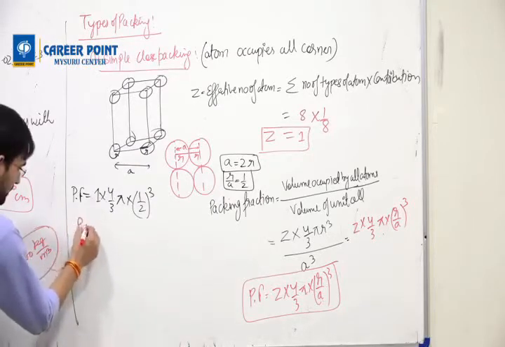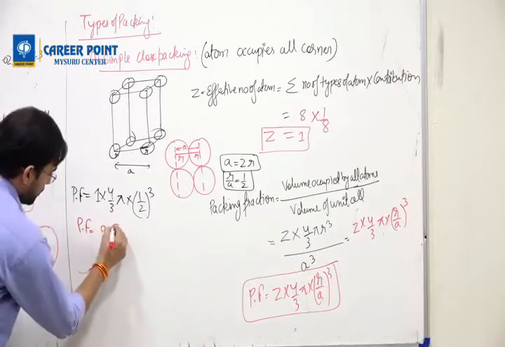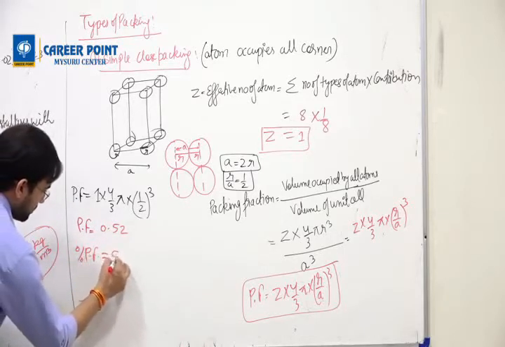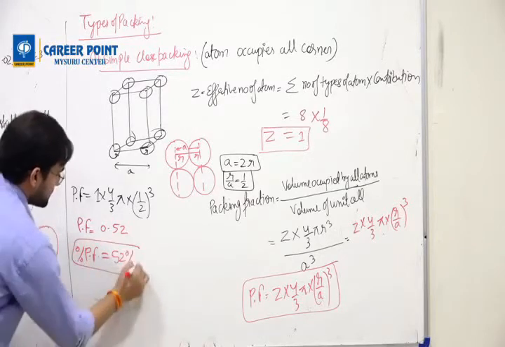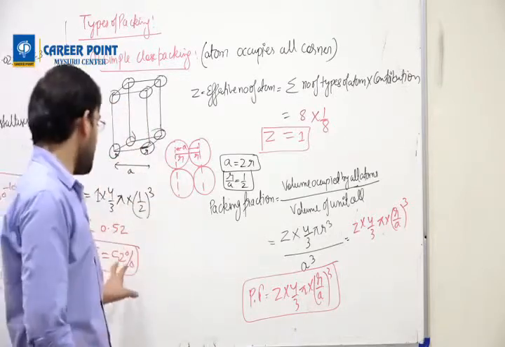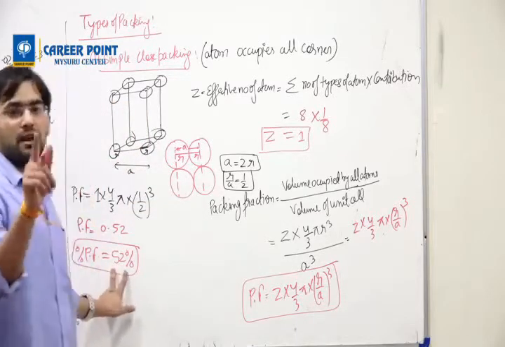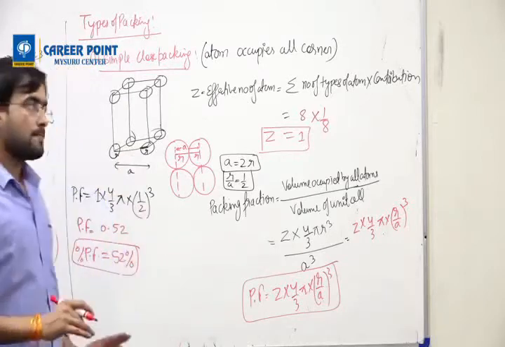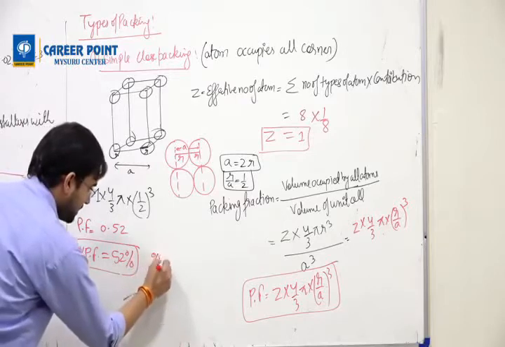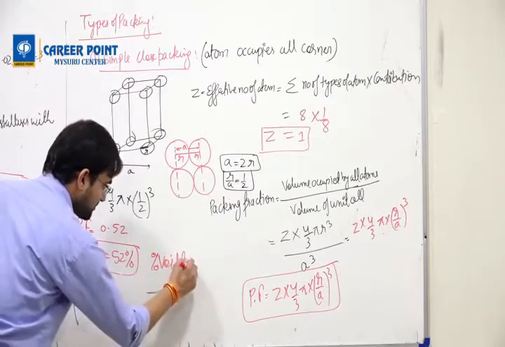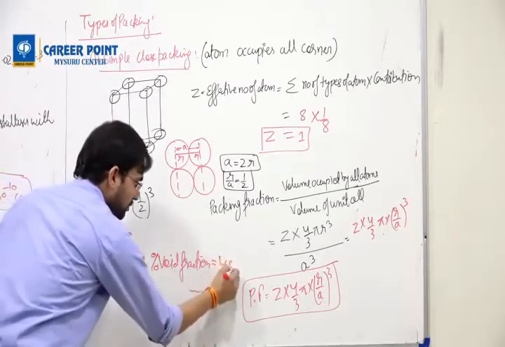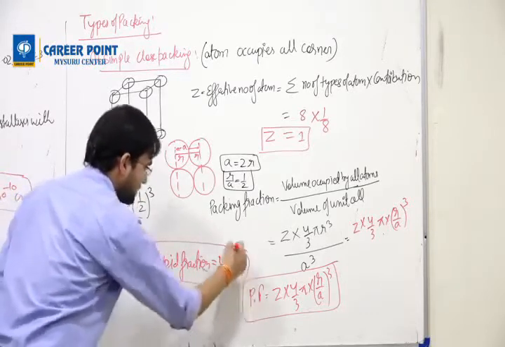While solving this, we get 0.52, or percentage packing fraction is 52%. It means out of whatever volume of cube you have, nearly 50% is filled. It means there is some empty space. That is known as percentage void fraction: 100 minus 52, 48%.